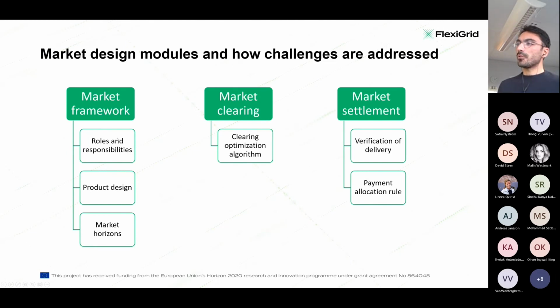So we have the market framework. What are the roles and responsibilities? What is the product we're trading? What are the market horizons? Market clearing is an optimization algorithm deciding which bids should be cleared and which should be rejected. Market settlement is verification of the delivery, and also the payment allocation rule, which is basically the rule we use for who will get paid how much, who will pay how much.